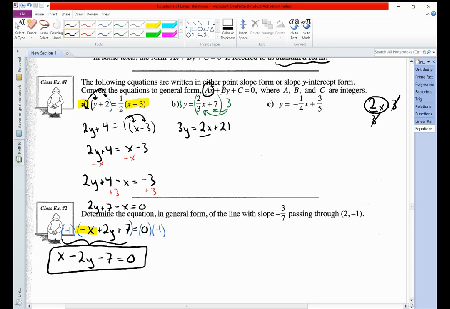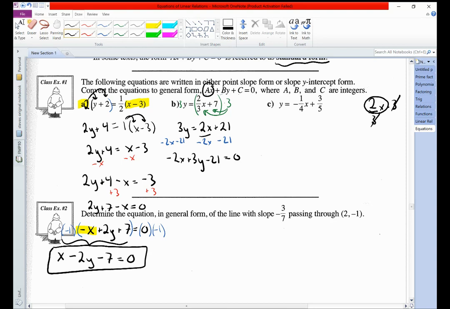Then we want to move everything from the right side to the left side. So we can subtract, I wanted blue, hang on. We can subtract 2x and 21 from both sides, so that we end up with -2x plus 3y minus 21 is equal to 0.